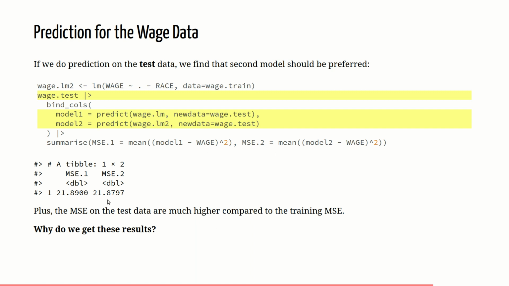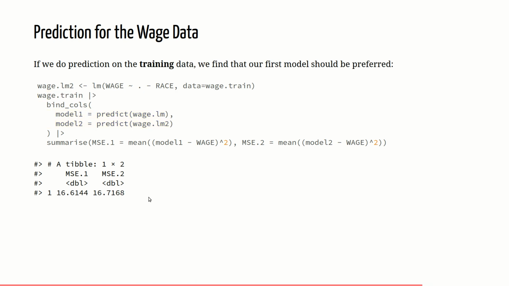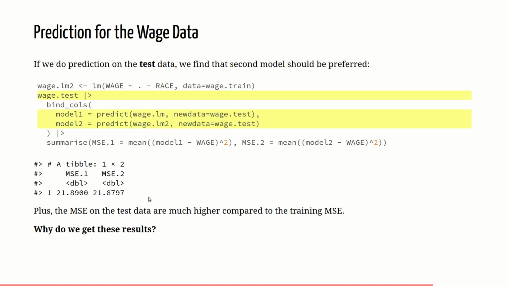And we find that the mean square error from model 2, the one without race, is now less than the mean square error from model 1. So on the training data, we should prefer the model with race included, but on the test data, we should prefer the model without race.